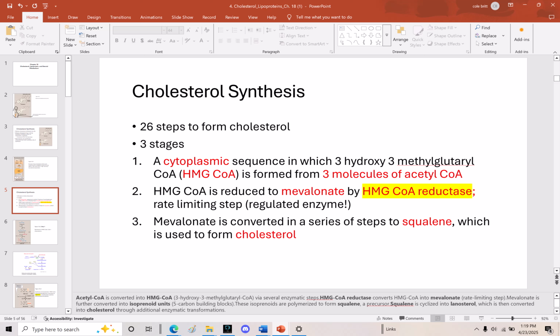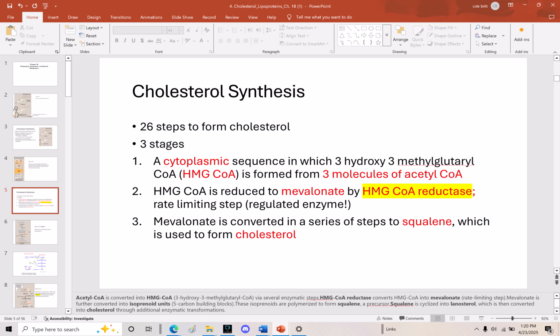So when we are making new fatty acids, the very first step is we take an acetyl-CoA. I'm just going to go on and review a little bit here. Acetyl-CoA, we add a carbon to it, usually in the form of bicarbonate, and we make malonyl-CoA. Malonyl-CoA is that 3-carbon molecule that we end up making.